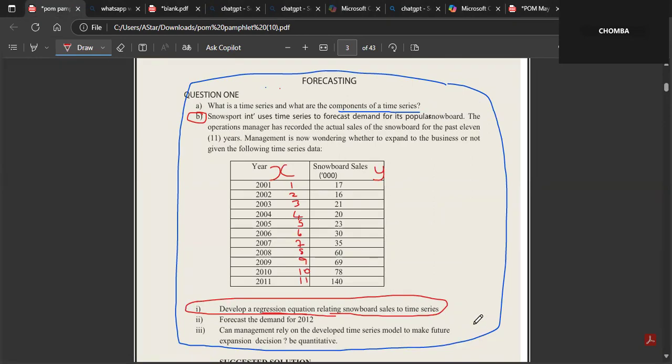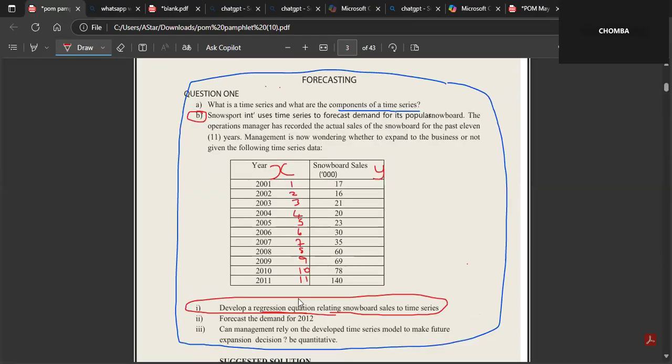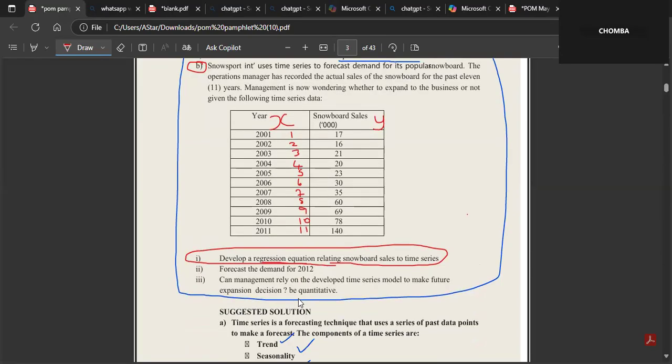Regression is the best method because you can use it to forecast for another period. Here we want to find the forecast for 2012, but you can even forecast for 2050 because the equation is there.